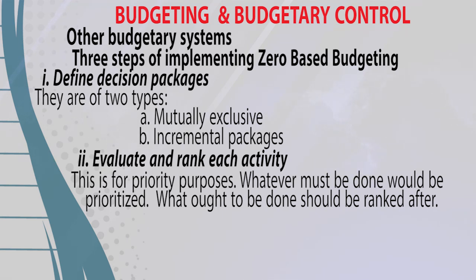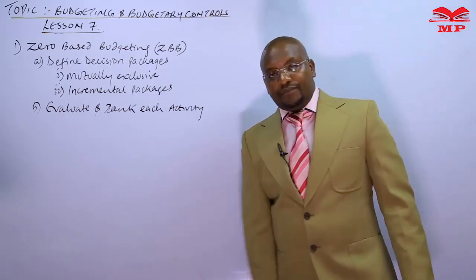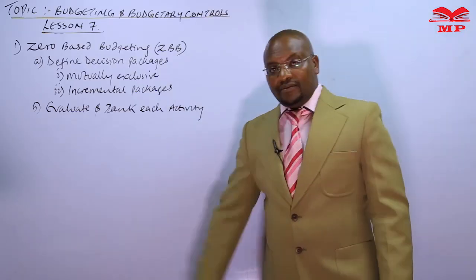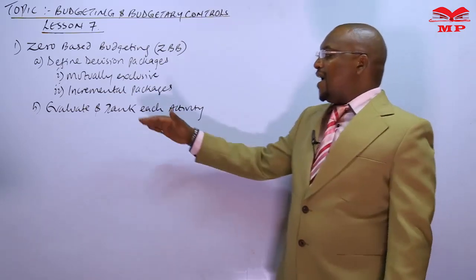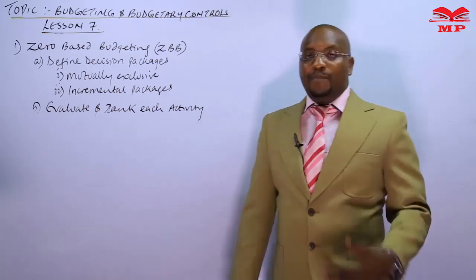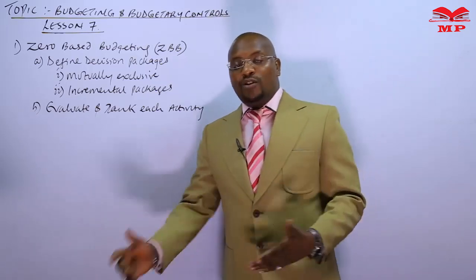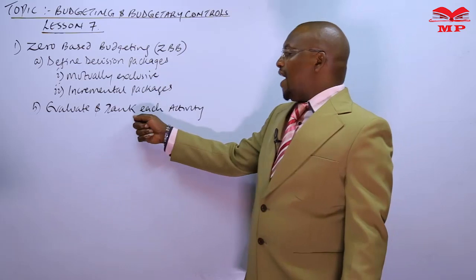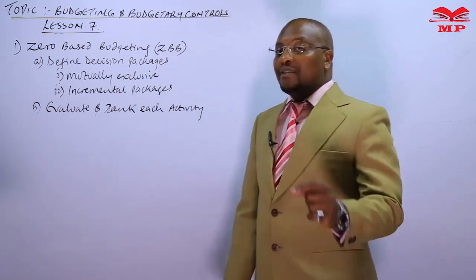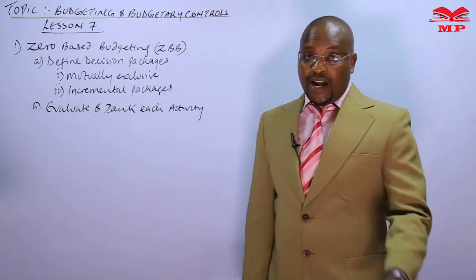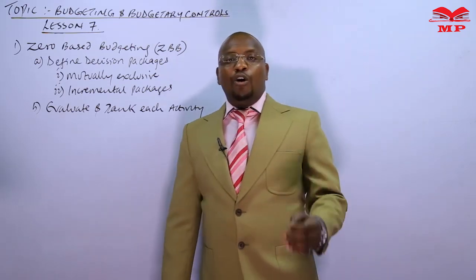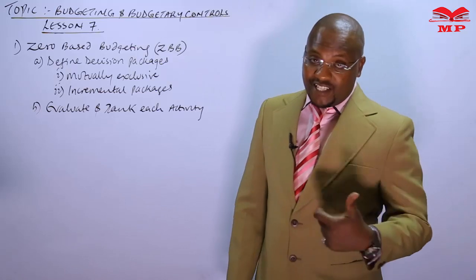What ought to be done should be ranked after. That's true. Now, when we come to selecting an activity, an idea, a decision, automatically we must evaluate it for its benefit, its cost, and other considerations, and we end up ranking. So that now, sometimes you may want to produce 3 or 4 products, but you are not sure of the availability of resources.